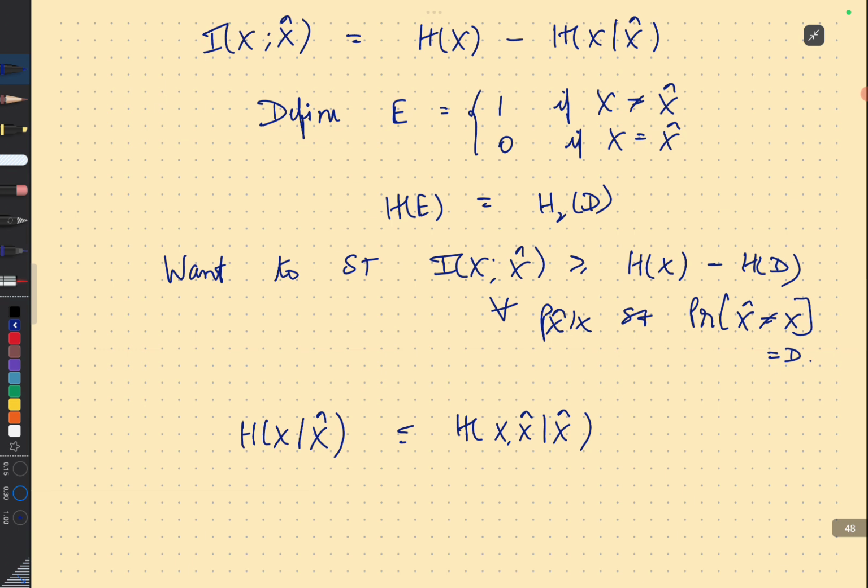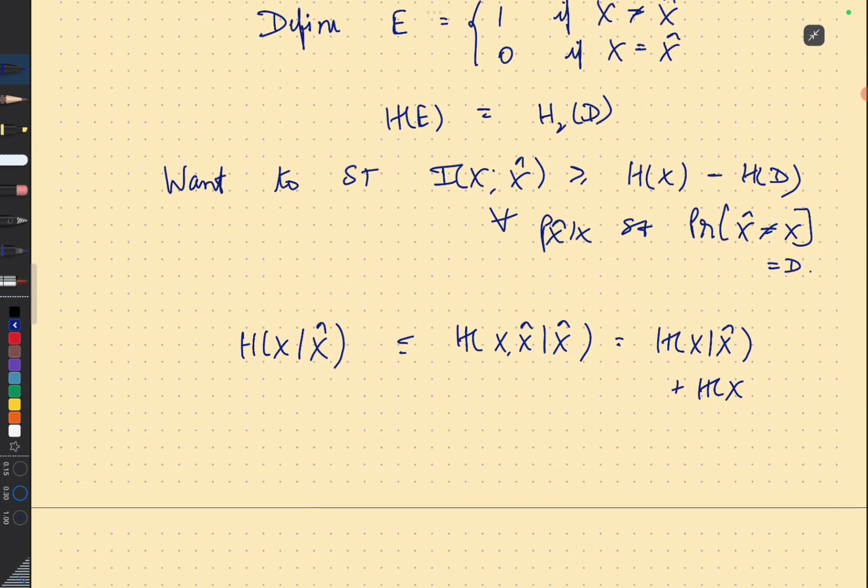In fact, it's equal to h of x hat given x hat. So it's nothing but just a dummy variable I'm including in.